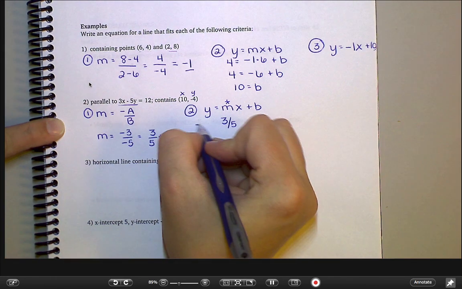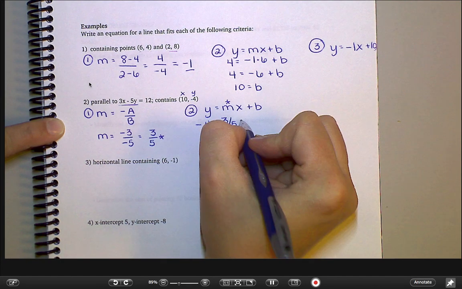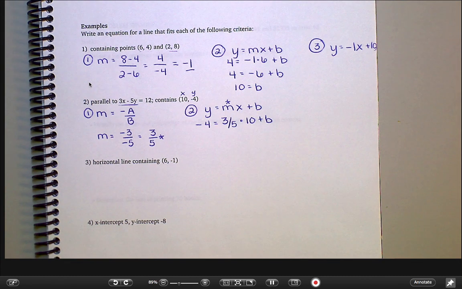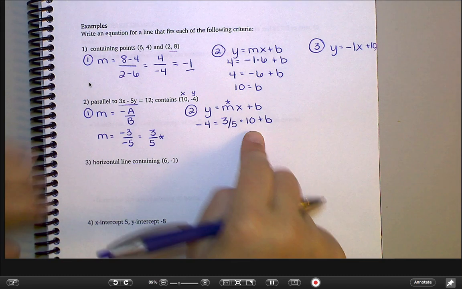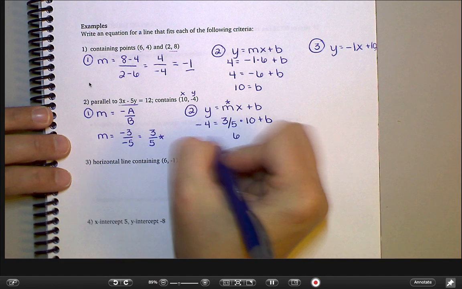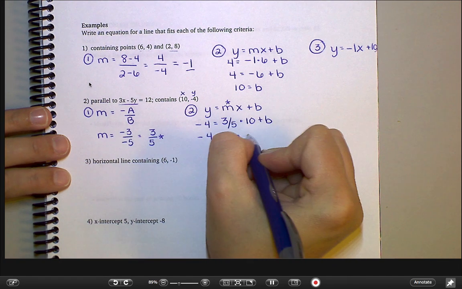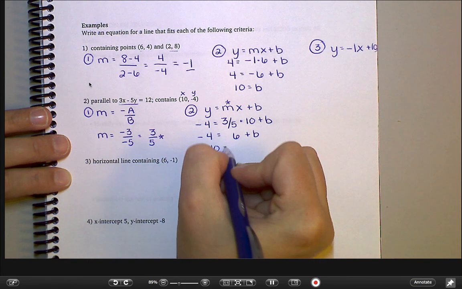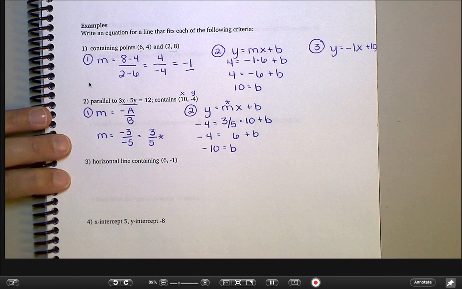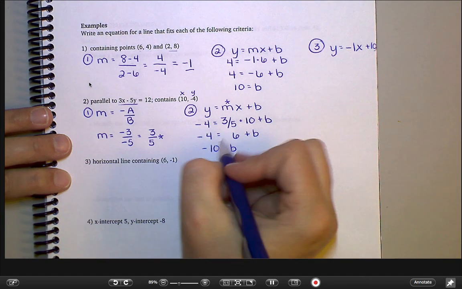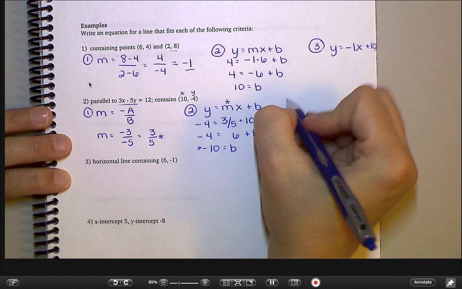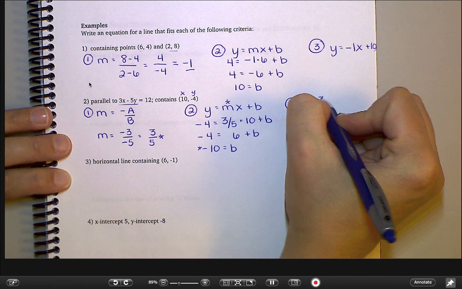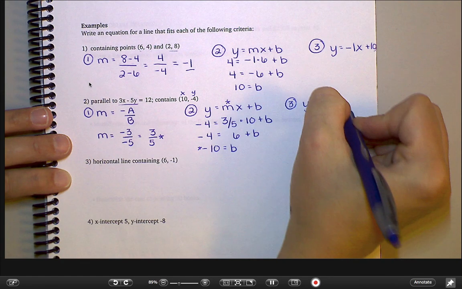So I'm going to go negative 4 equals 3/5 times 10 plus b. 3/5 times 10 is equal to 6. Then subtract the 6 from either side, and I get negative 10 for b. Then I put together my slope and my y-intercept, and I say my equation is y equals 3/5 x minus 10.